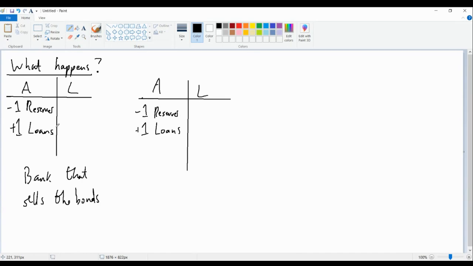As discussed, there are two things that the banks would normally do in this situation. One possibility is that it could borrow from other banks. It might do that. The other possibility is that it might sell some securities.